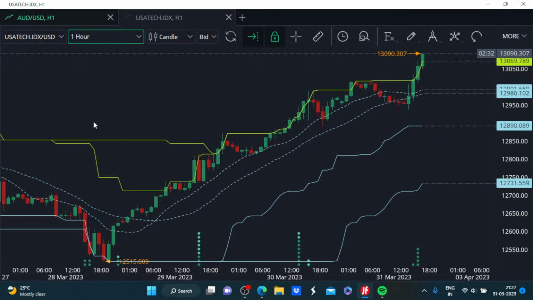So if we see these indices correcting a little bit and holding above the prior swing low, then we can start looking for opportunities to go long, which is likely to come not in today's trading session but on Monday, because the ship has already sailed in today's trading session.